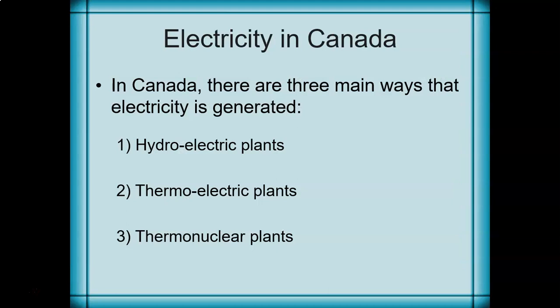In Canada, there's three main ways: the hydroelectric plants, thermoelectric plants, and the thermal nuclear plants. We've already kind of talked about the thermal electric plants, that's the coal burning plants. So we'll also take a look at hydroelectric and thermal nuclear.